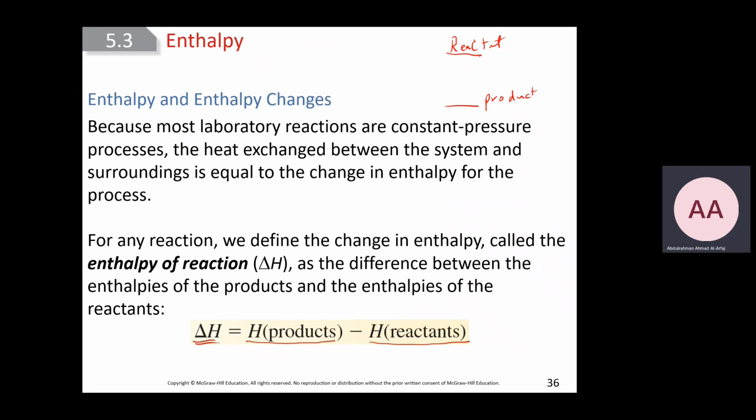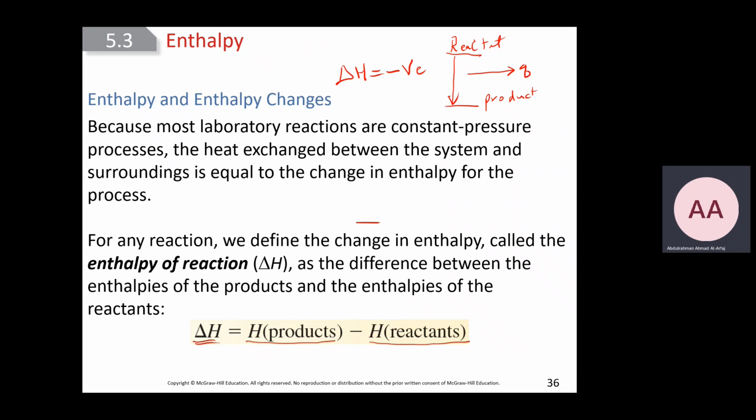This means you're going from reactant to product like this, then this delta H will be a negative value. On the other hand, Q, which is heat, will come out of the system.